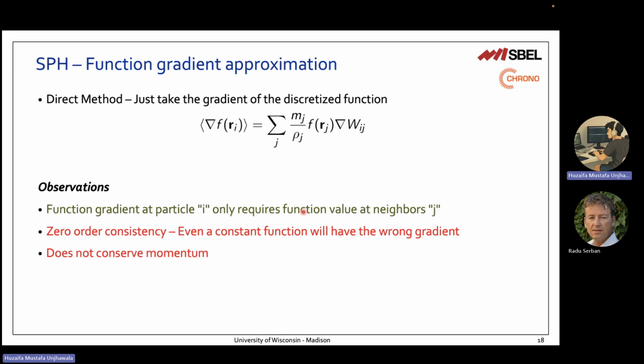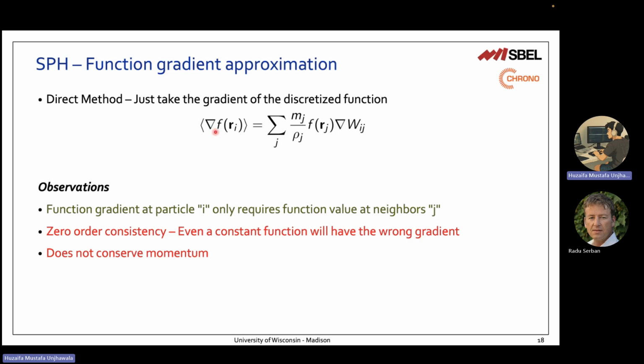In the same way, you can follow a similar style and get the gradient of a function. You can derive, for each particle, the gradient of a function that I want to evaluate, and you can evaluate that using this formula. An important observation is that to evaluate a gradient of a function in SPH, you don't need the gradient of the function at its neighboring points.